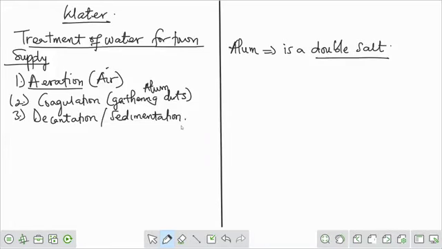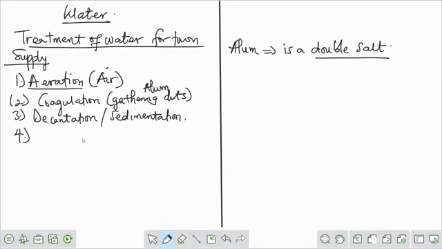Maybe you want to drink water and a little dirt is in it. Because of our laziness we cannot go and fetch clean water, so we let that dirt settle to the ground and pour the clean water off the top. That's what we are doing in decantation and sedimentation.